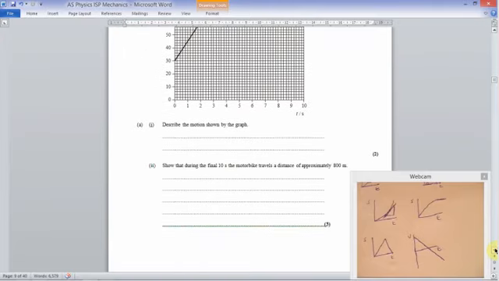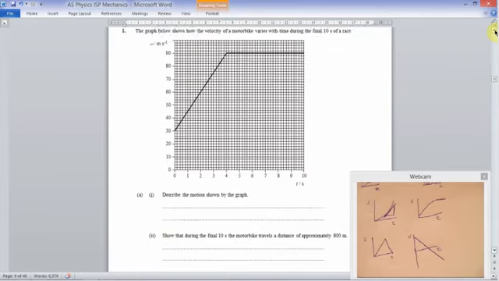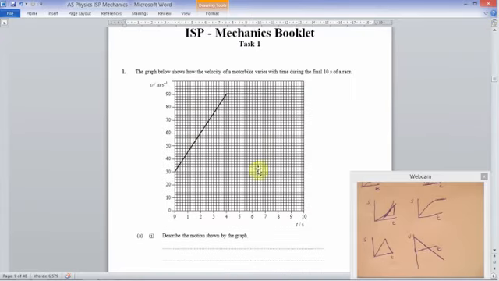Show that during the final 10 seconds, the motorbike travels a distance of 800 meters. If you want to get distance from this graph, it's the area under it. So you split this into the triangle over here with a square underneath it, and then the big rectangle over here. Let's do the big rectangle first. That's from 4 to 10, so a distance of 6 in that direction.